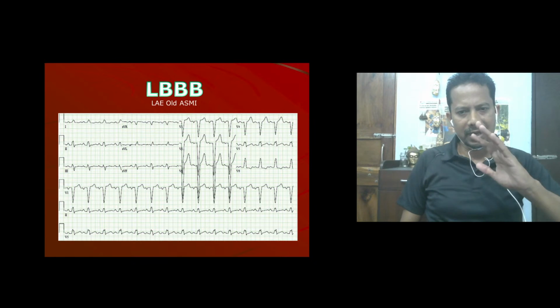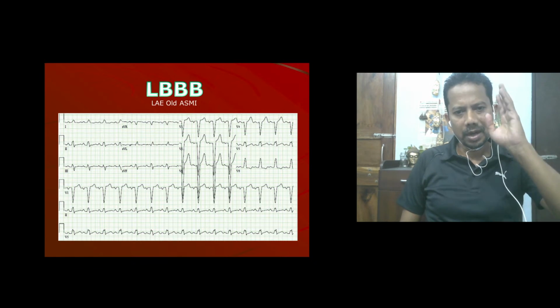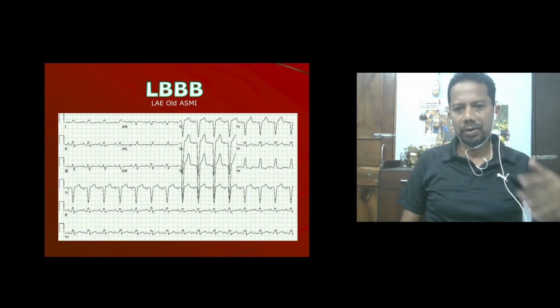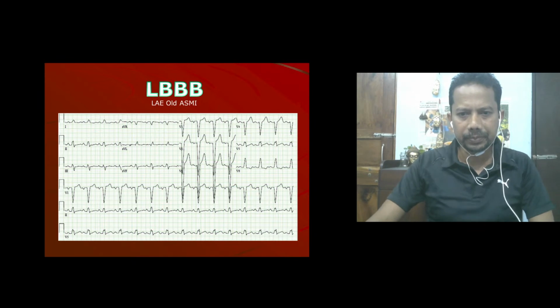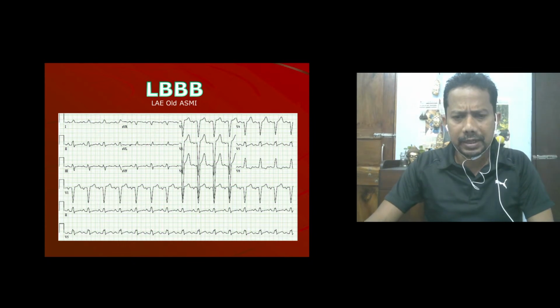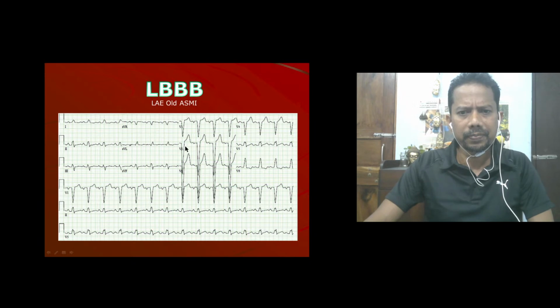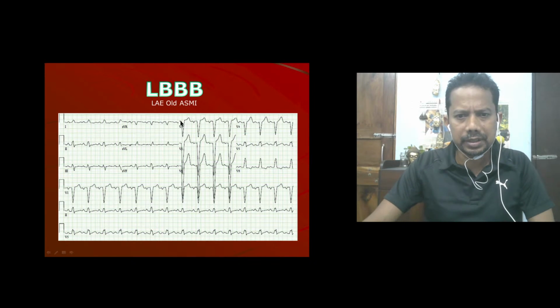So V1, V2 are sad, so they form R waves, S waves, or Q waves if there is an MI. Now you might say, sir, this looks like a Q wave. Out here, this is a Q wave, with a slight nudge. Some cardiologists might say this is a Q, some might say this is an R wave, an RS complex.